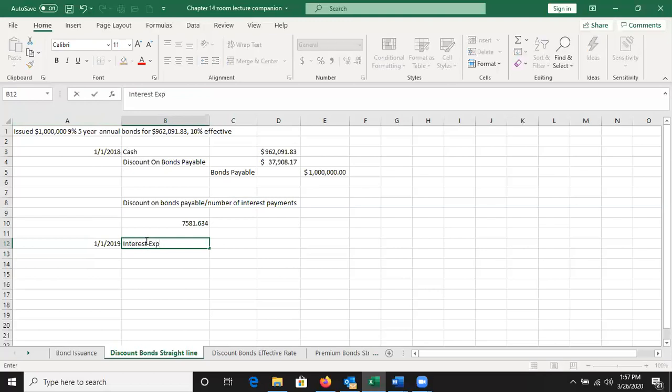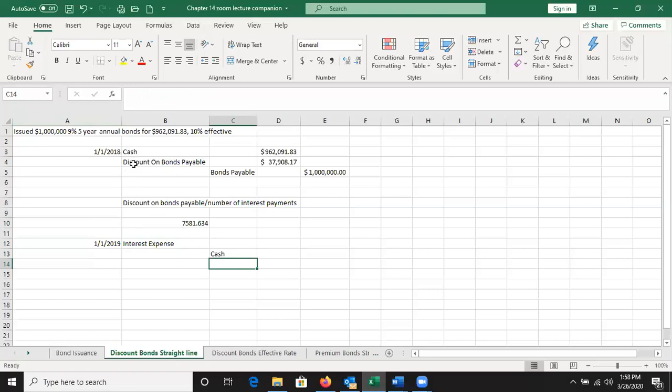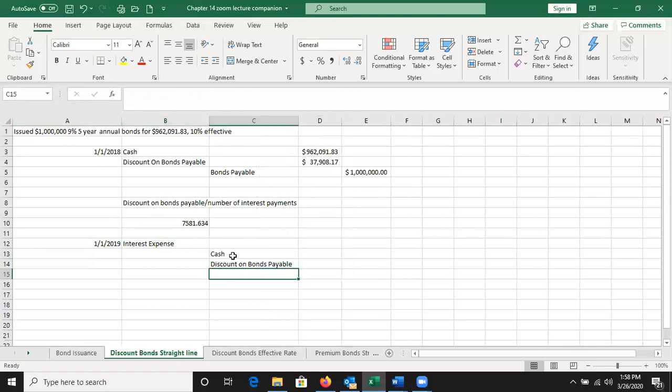That's going to be one of our accounts. We're going to credit cash, okay, because we're going to pay cash out. And we're going to credit, what are we amortizing? We're amortizing discount on bonds payable. So we're going to credit this account. Our goal is to reduce this number to 0 by the time the bonds are ready to be paid back. Okay?